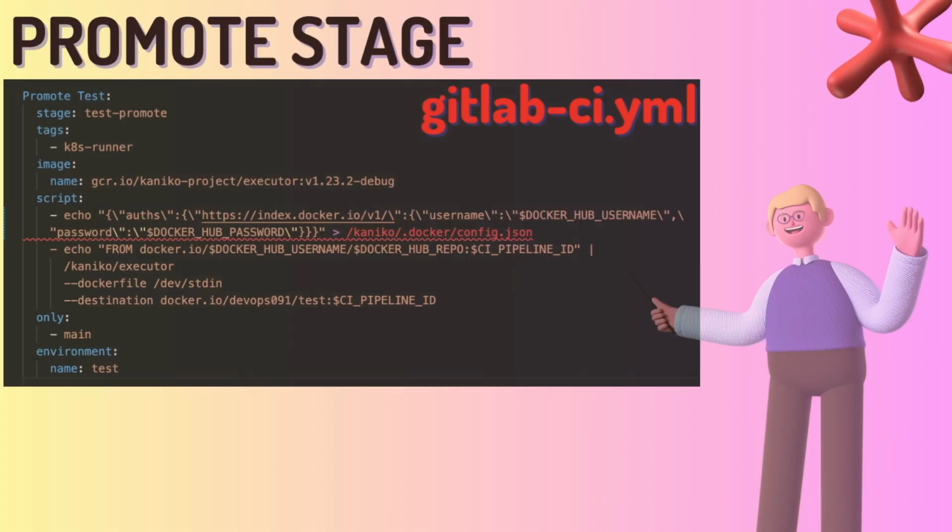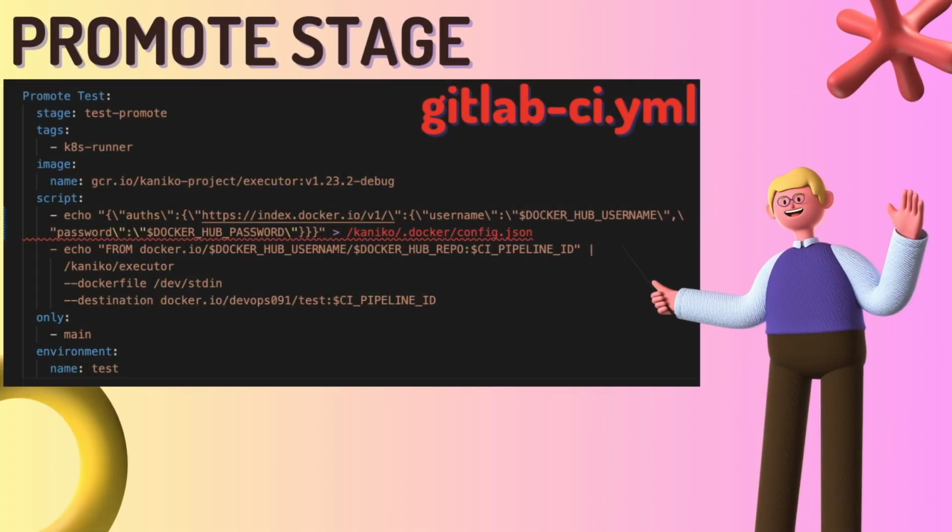In this stage, we are using the same Kaniko stage used in the build stage but with a minor modification, which allows us to pull the image from dev artifactory and then tag and push it to test artifactory. A similar stage is there for prod artifactory as well, where the image will be pulled from test artifactory and then tagged and pushed to prod artifactory.